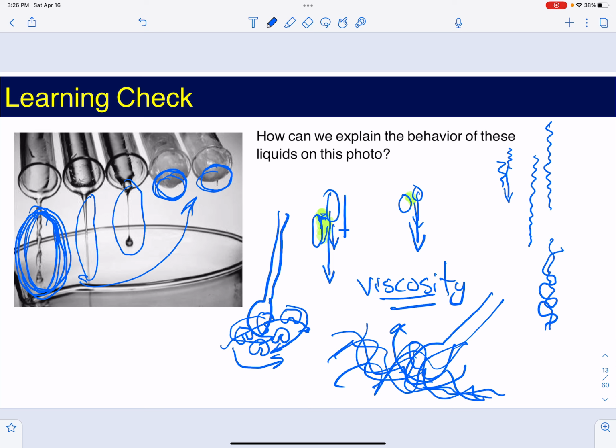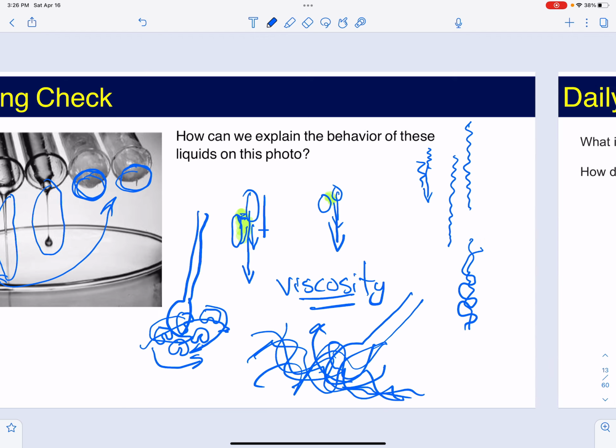The longer the molecule, the more the possibility that they will entangle, the same way spaghetti entangles when you compare them to elbows. And if you visualize those two this way, at least until we learn more about intermolecular forces, you can explain viscosity to a 6-year-old. So keep that in mind.